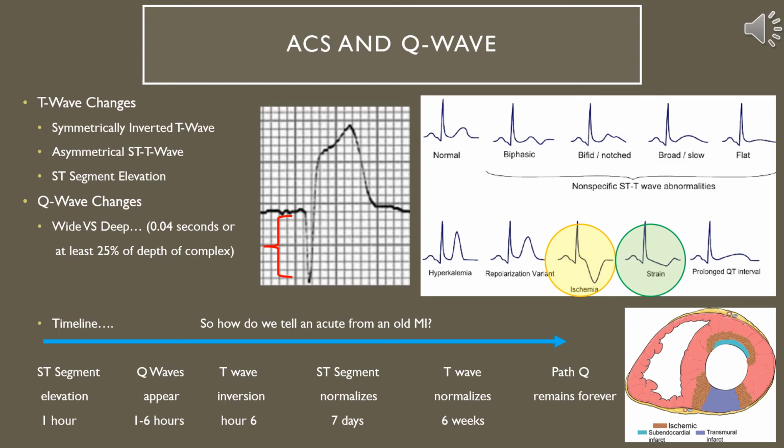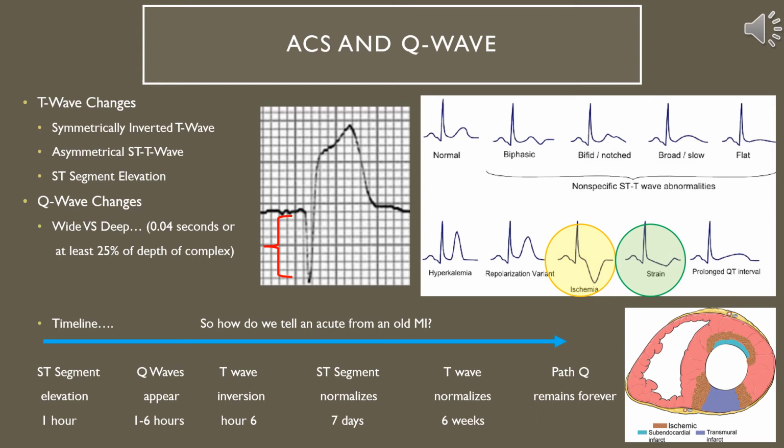ST segment elevation. This is a big heavy hitter that you need to be very familiar with and able to identify. When we are looking at the isoelectric line where we measure any kind of amplitude, anytime we see the ST elevated greater than 1 millimeter from that baseline, about 2 millimeters, this is a primary indicator for ischemic damage, as this is one of the first changes to occur.